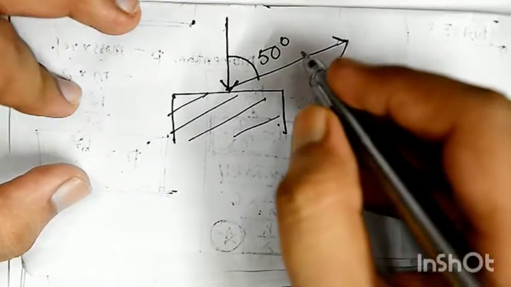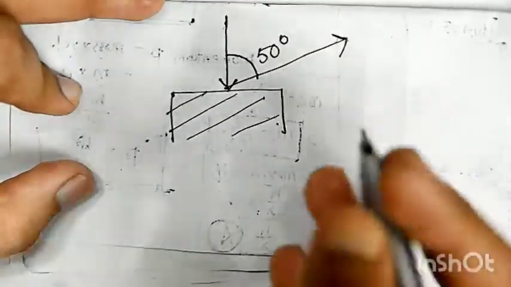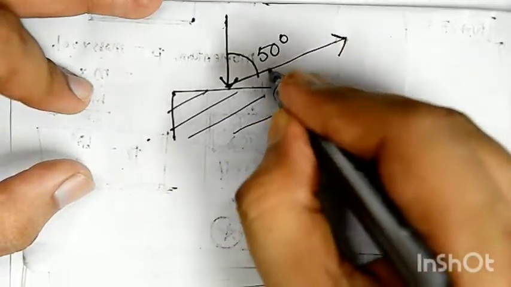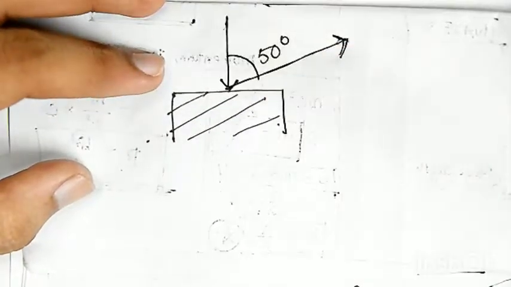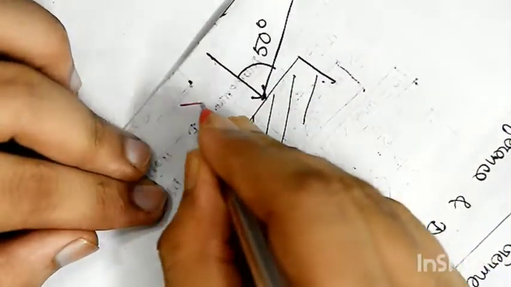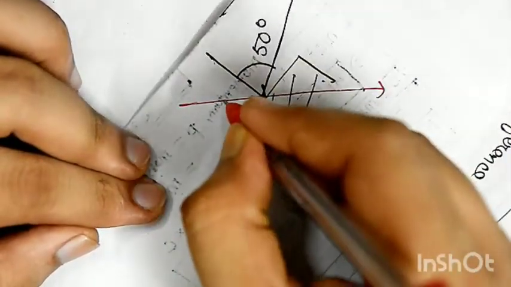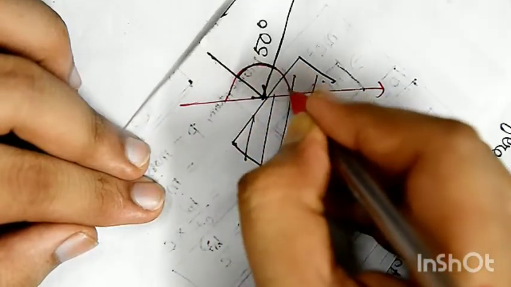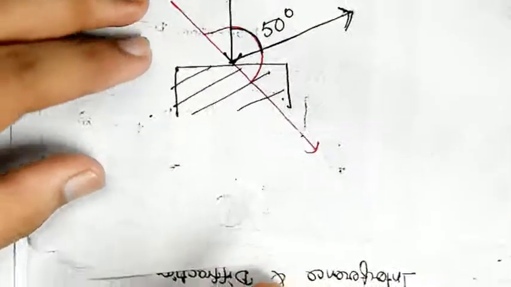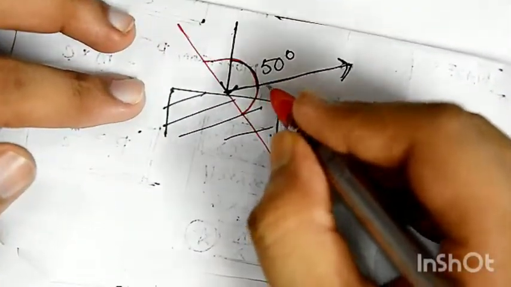Now see, if I look at this and draw a perpendicular on it, then this total angle is 180 degrees. Out of this 180 degree portion, 50 degrees is taken as phi.